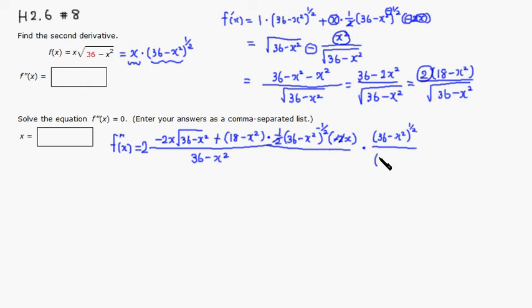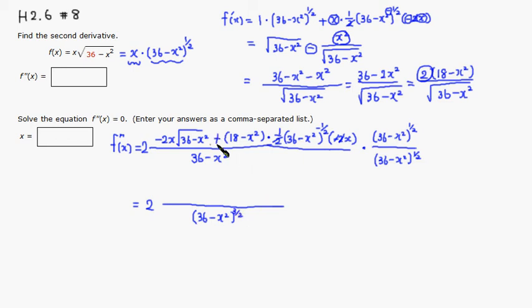So 2 is still in front, then you're going to have quantity 36 minus x squared, and you have a 1/2 power there, so combined it's going to be 3/2 power.